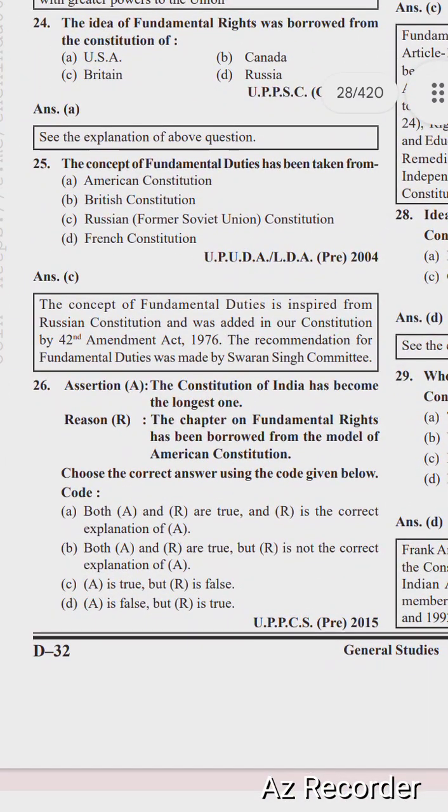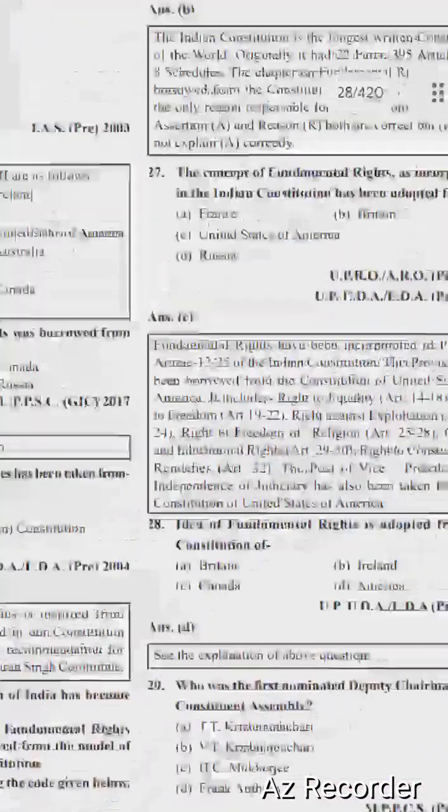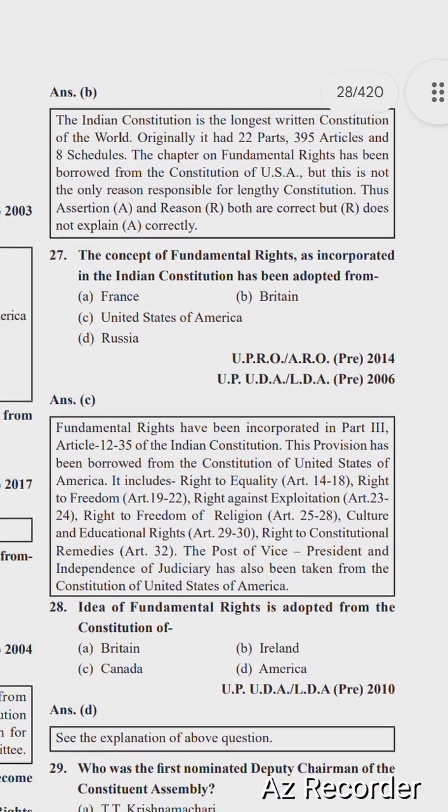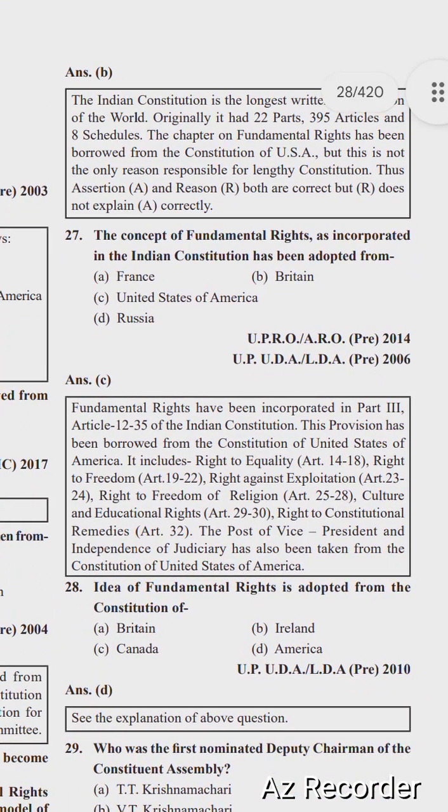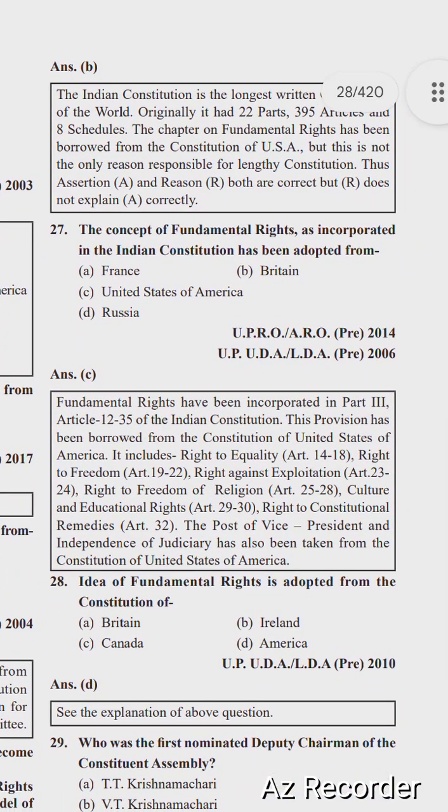A is false but R is true. The right option is option B. Both A and R are true, but R is not the correct explanation of A. The Constitution of India has become the longest one, and the chapter on fundamental rights has been borrowed from the model of the American Constitution. Both are right.